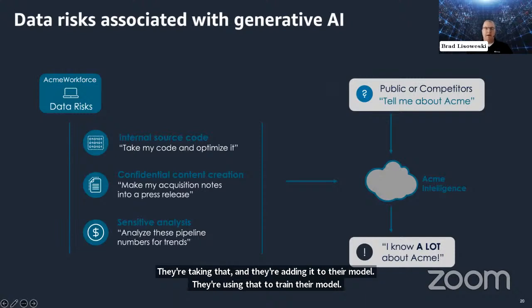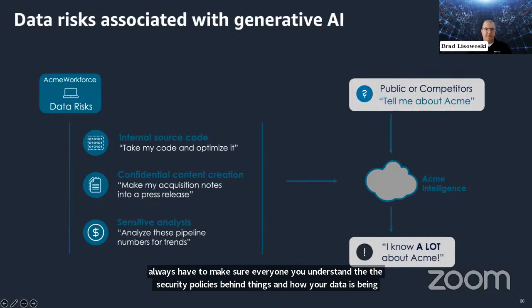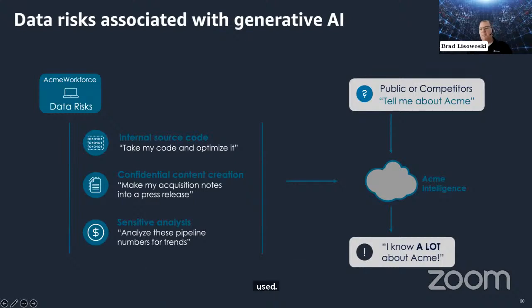A large public user-to-user business site just revealed that they're opting their users into AI usage for their posts and that kind of thing. So something to think about: number one, you always have to understand the security policies behind things and how your data is being used. And that takes us to some of the examples on the left-hand side, which is, here's a snippet of my internal source code of something I'm working on.